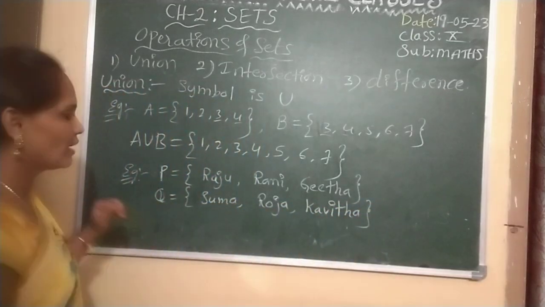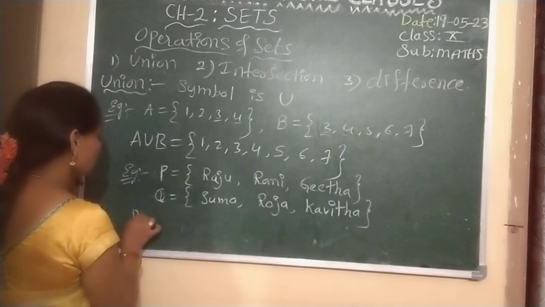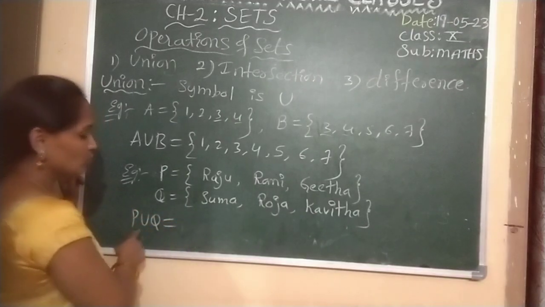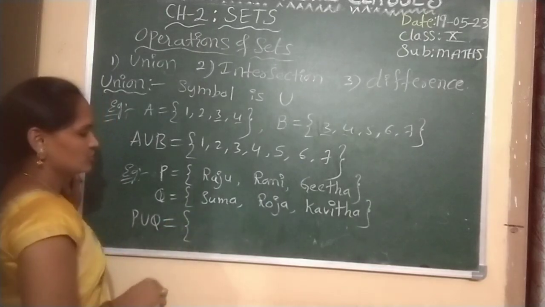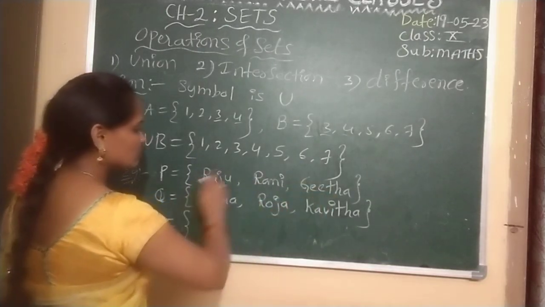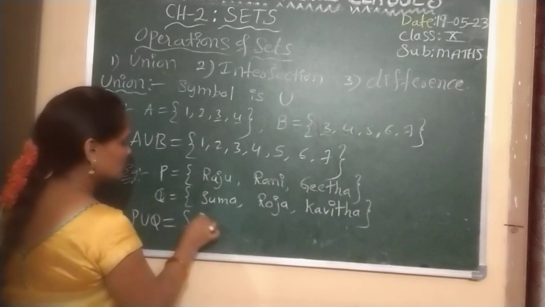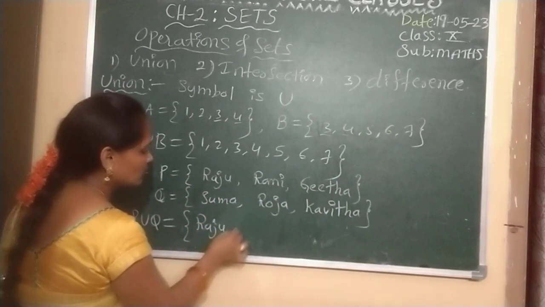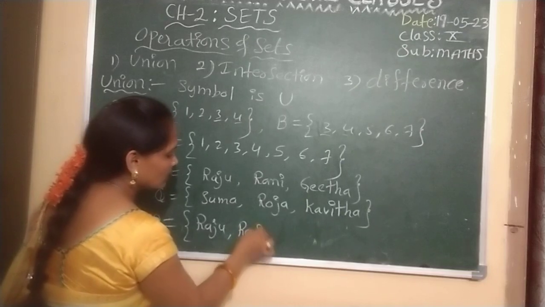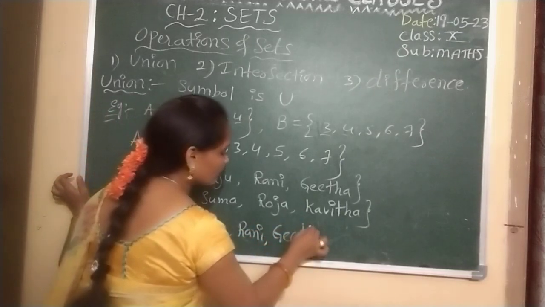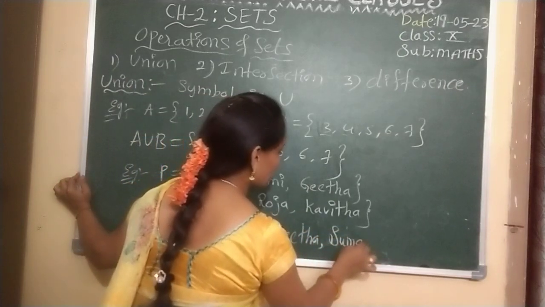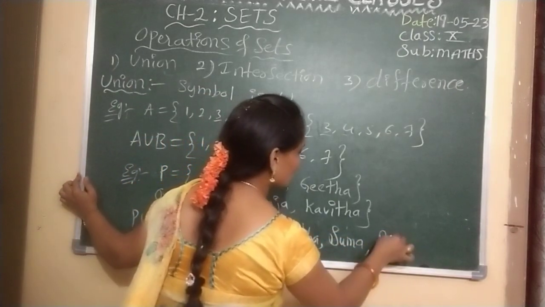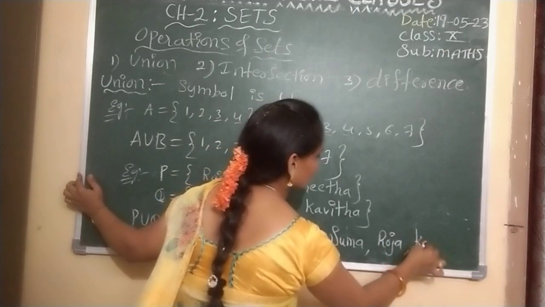Now I want to find P union Q. All the names will come together: Raju, Rani, Geeta, Suma, Roja, Kavita.